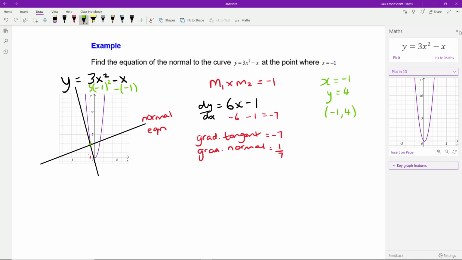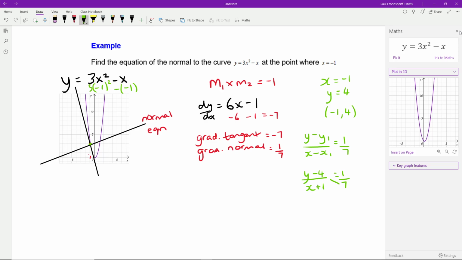Therefore, we can use the same process of y minus y1, x minus x1, but we want not the gradient of the tangent, but the gradient of the normal, which is 1/7. So we've got y minus 4 over x minus minus 1, which is plus 1, equals 1/7.